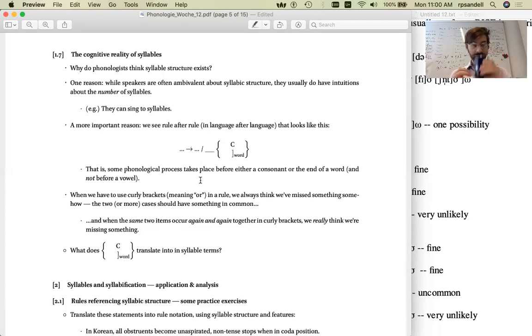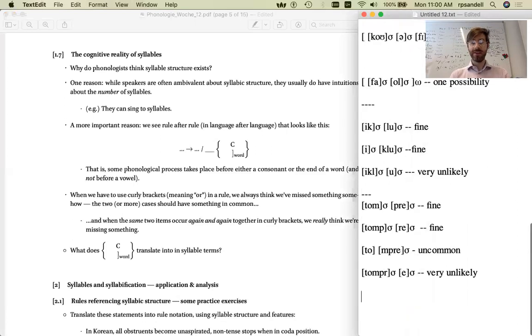But we can translate this into terms of syllables. Namely, we could understand this to mean the right edge of a syllable. This would correspond to the environment, consonant or word boundary.